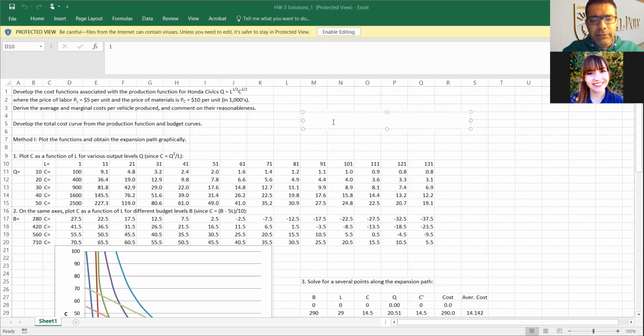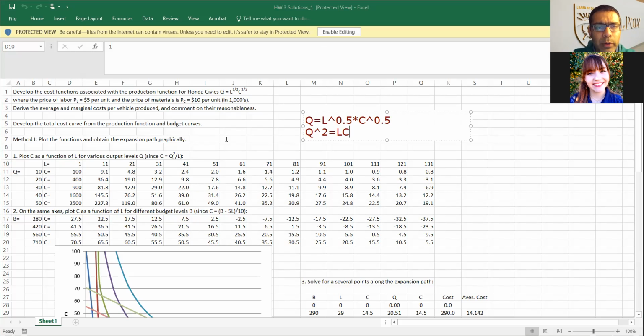the equation that was given to me was Q equal to L raised to power half times C raised to power half, right? So if I square both sides, I'll get Q raised to power 2 equal to LC.